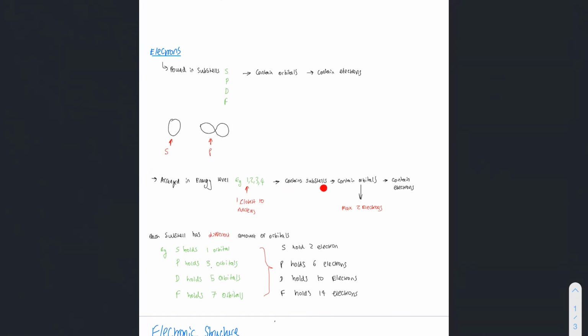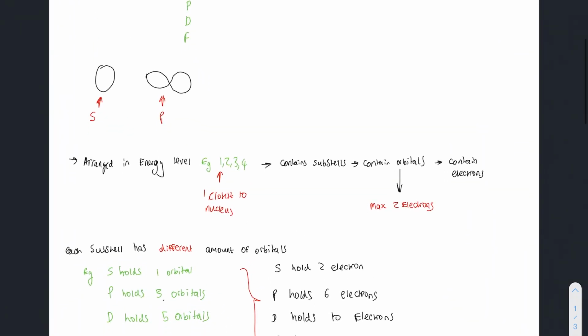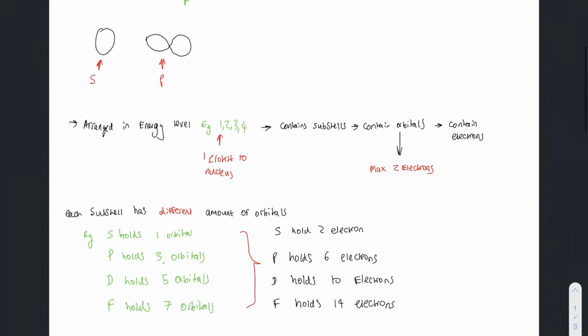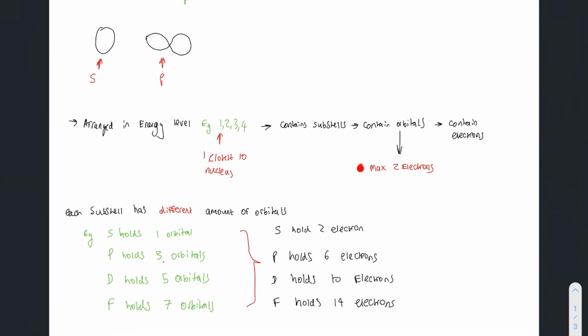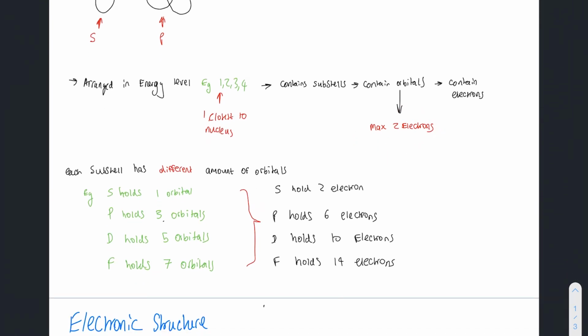These energy levels contain subshells, which contain orbitals, which contain electrons. An orbital can hold a maximum of 2 electrons. Each subshell has a different amount of orbitals. An S holds 1, a P holds 3, D 5, and F 7. This is something you're just going to have to memorize.